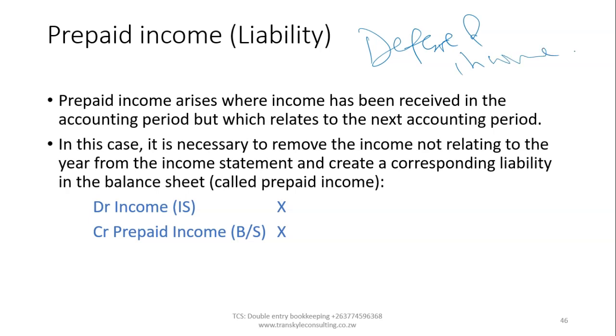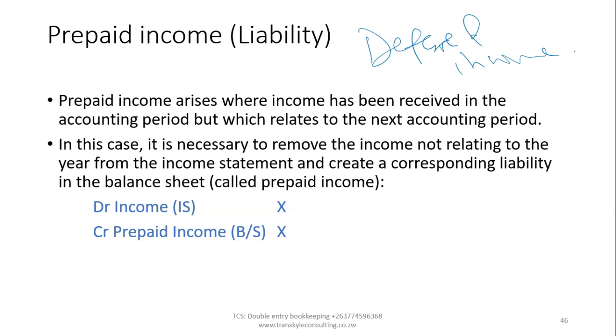It's a liability. Prepaid income arises where income has been received in the accounting period but which relates to the next accounting period. In this case, it is necessary to remove the income not related to the year from the income statement and create a corresponding liability in the balance sheet called prepaid income.